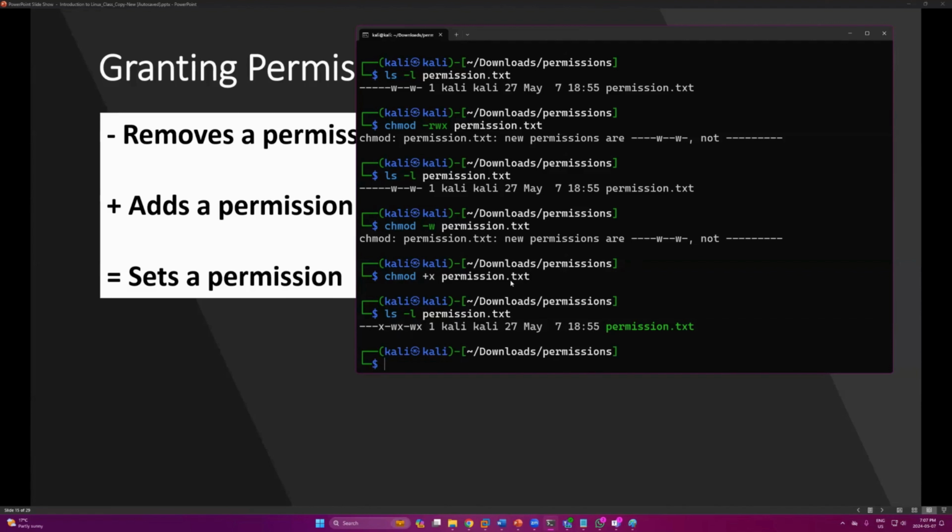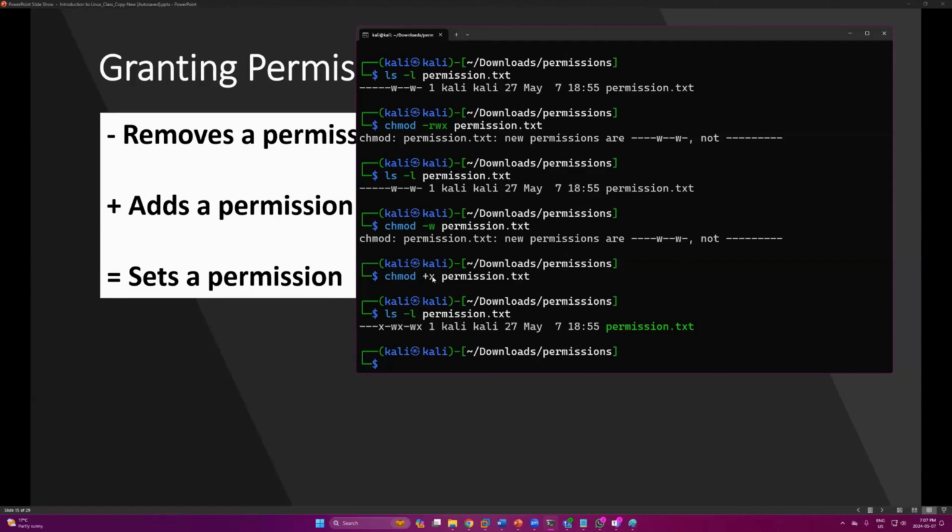Because this type of syntax will add x to all three of them. It's like the simple way of doing it universally, right? Whereas when we were doing it using the numeric method, we had to specify each one of them. In this case, if we just use plus x, we literally just add it to all three of them.